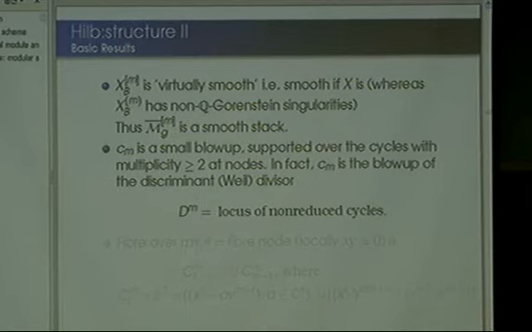Its exceptional locus is supported over the cycles that have multiplicity at least 2 over the nodes. And in fact, you can describe it as the blow-up of a non-Cartier divisor, a Weil divisor, a specific Weil divisor, in fact, the so-called discriminant locus, which parameterizes all the non-reduced cycles that have multiplicity at least 2 somewhere. So yeah, it's this small blow-up.